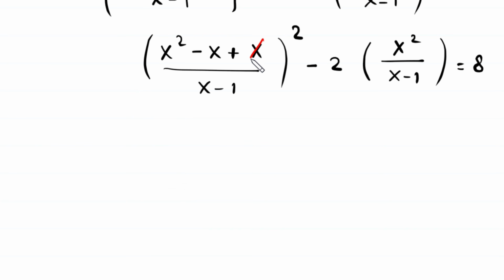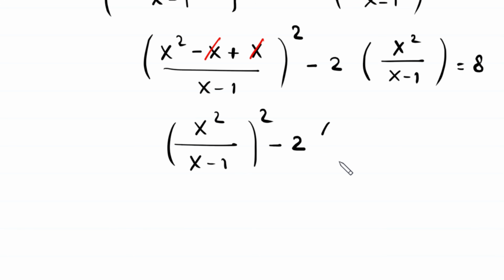Now this x will be cancelled out with this negative x and we are left with x squared divided by (x minus 1) whole squared minus 2 times x squared divided by (x minus 1) equal to 8.